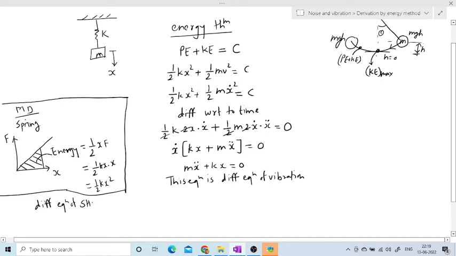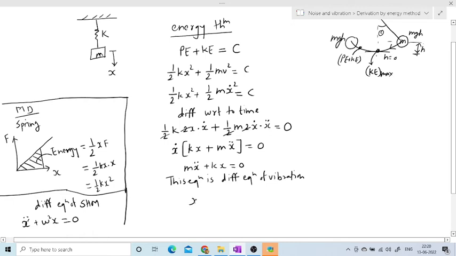Now the differential equation of SHM, as we have seen earlier, is x double dot plus omega square x is equal to 0. Now compare our equation with the differential equation of SHM. To compare, I am going to modify this equation. So divide by m.